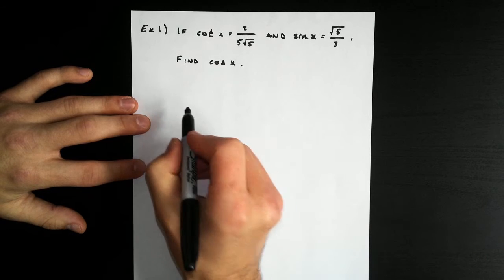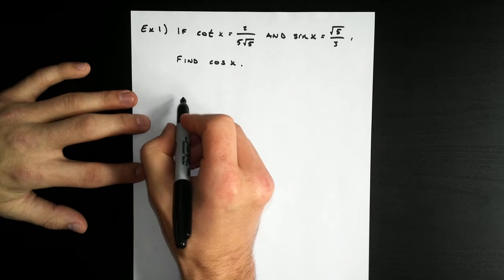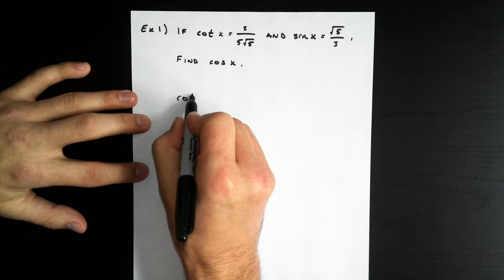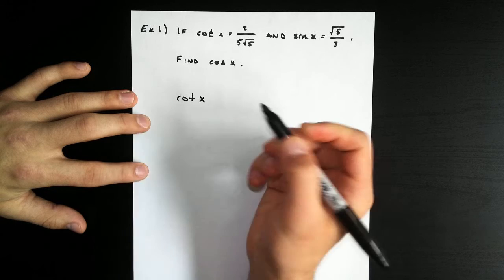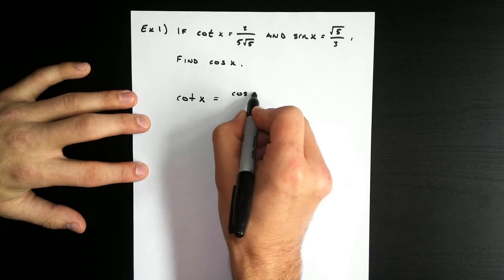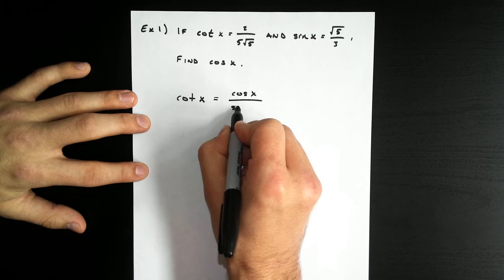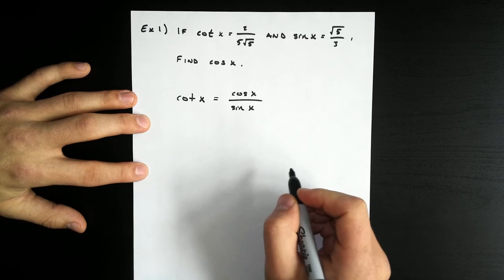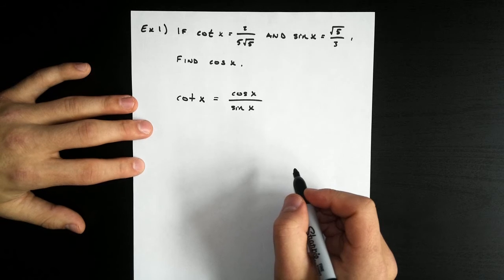So the first thing, I know from our identities, I know that the cotangent of an angle, in this case x, that is equal to the cosine of x divided by the sine of x. And that's true no matter what value of x we pick out.